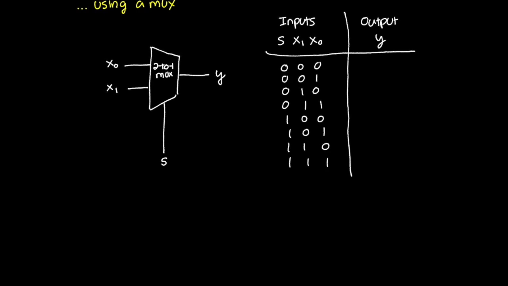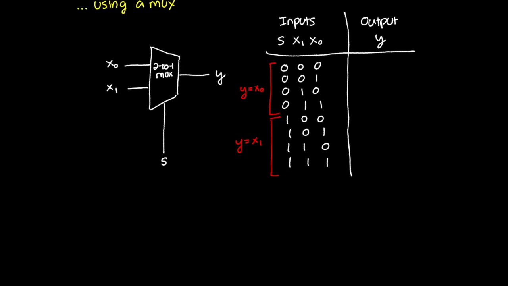Now, we know that, like we said, when s is equal to 0, in that case, y is going to be equal to x0. This is the operation of a mux, as we just said. And when s is equal to 1, the selector s, output y is going to be equal to x1.